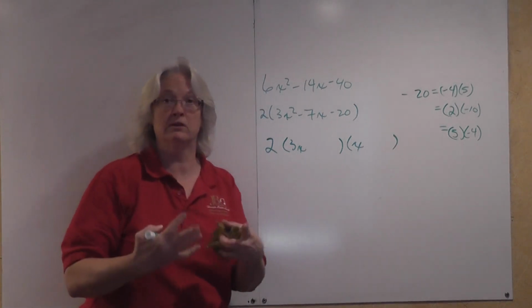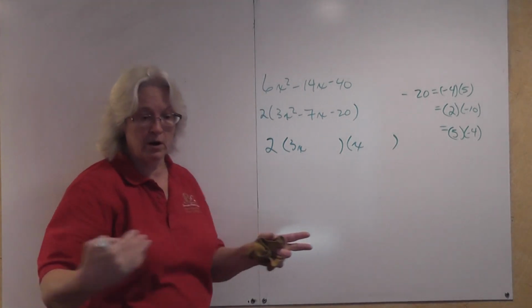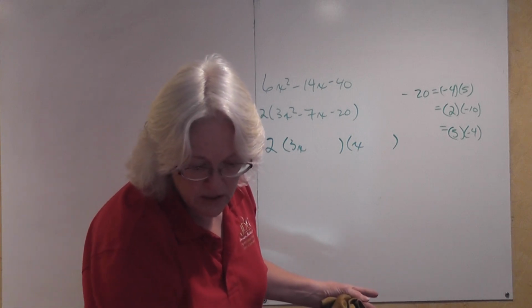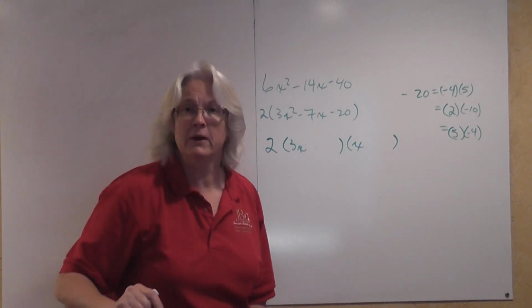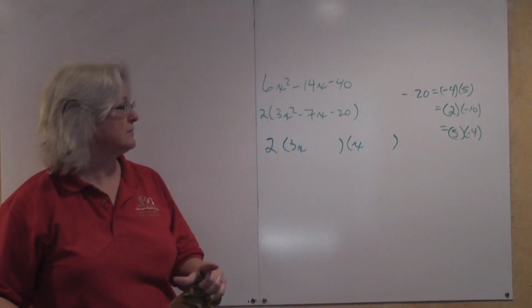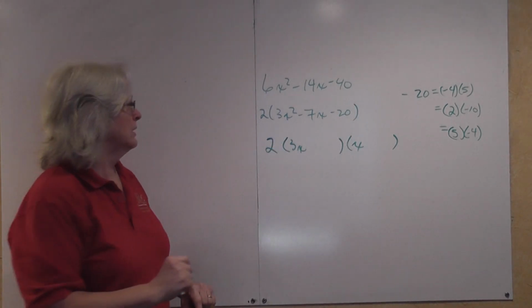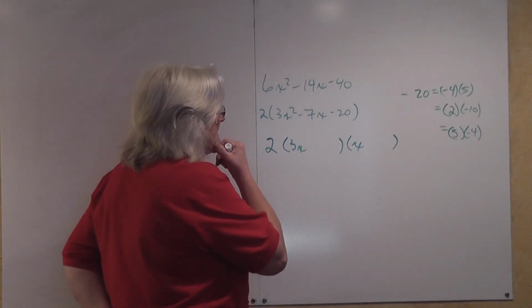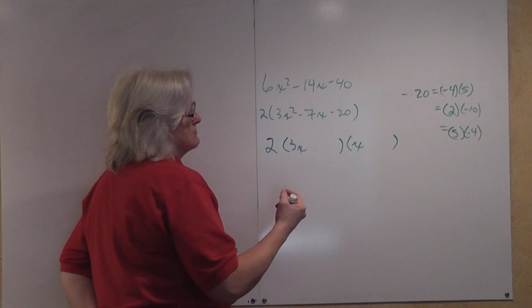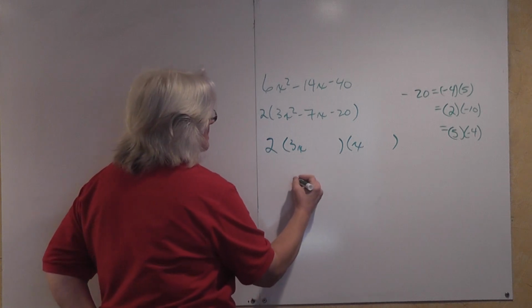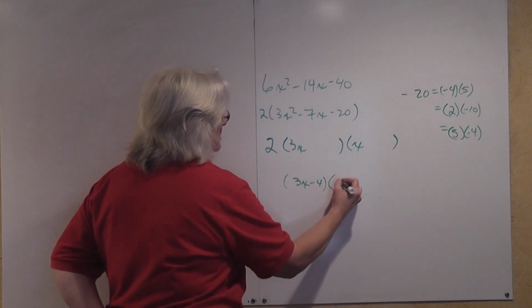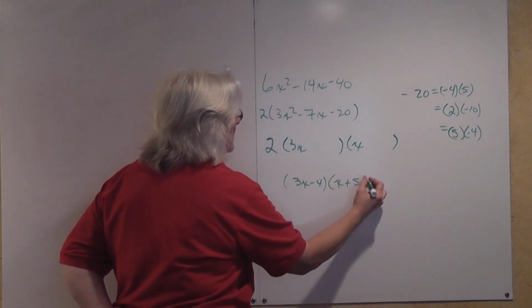I'm not going to take the time on this video to go through all 99 bazillion pairings that we have. They showed 6 pairs of factors in the book. We're just going to go through these 3. What can we do? Well, we have 3x minus 4 times x plus 5.